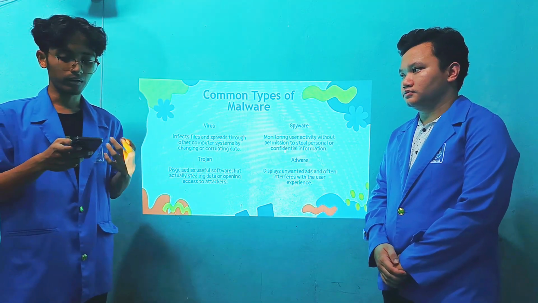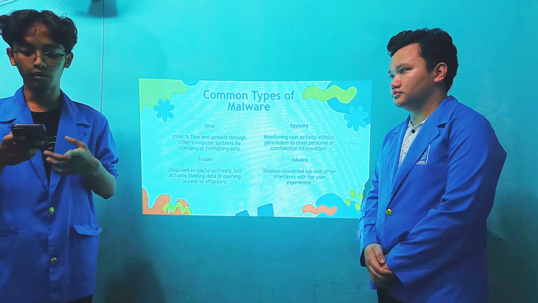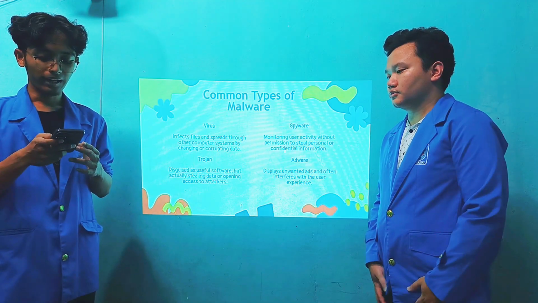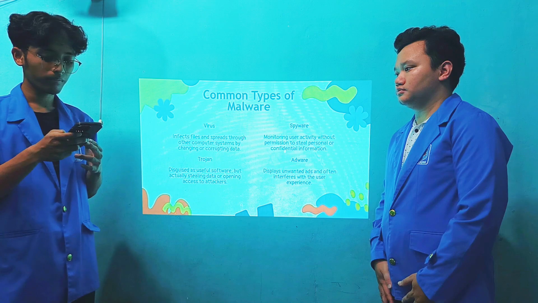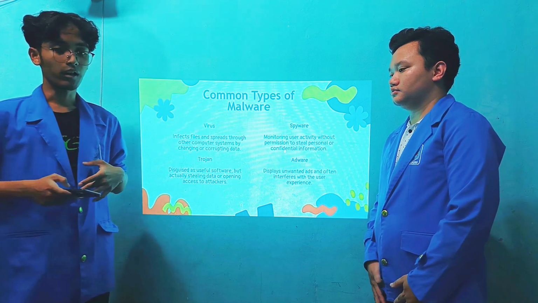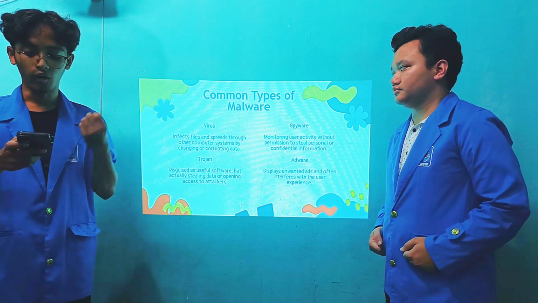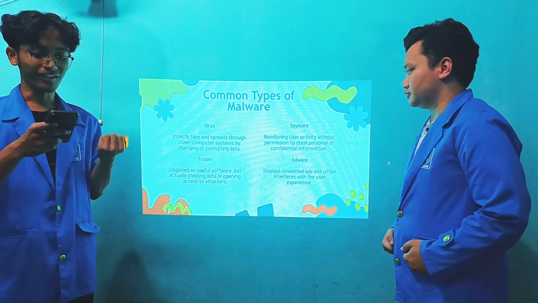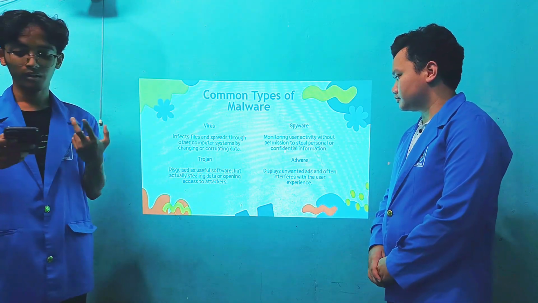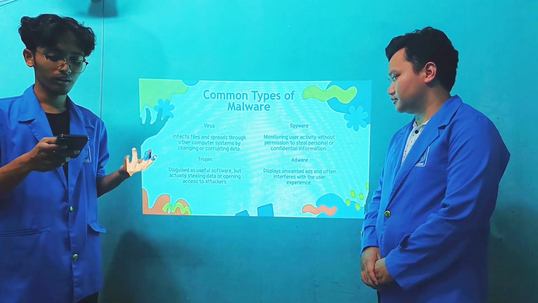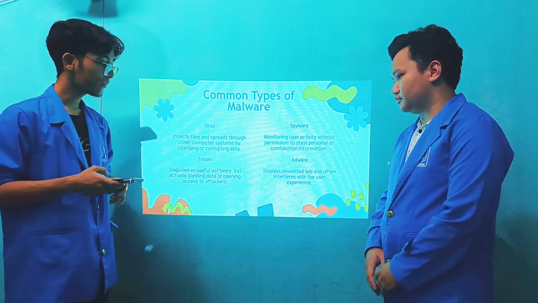Its main purpose is to collect personal information or monitor user habits, and then send the data to third parties. Characteristics of spyware: it collects data such as browsing activity, login and password, credit card information, and location data.